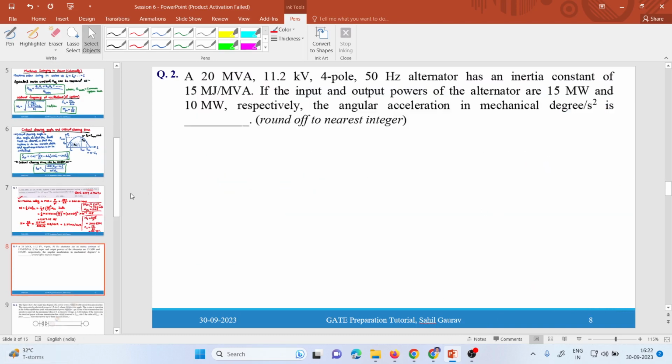The next problem is that a 20 MVA 11.2 kV 4 pole 50 Hz alternator has an inertia constant of 15 megajoule per MVA.